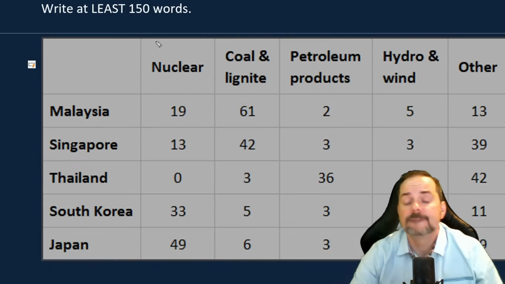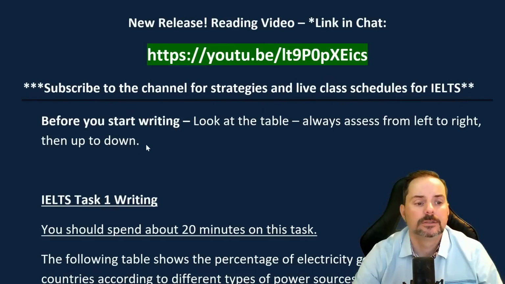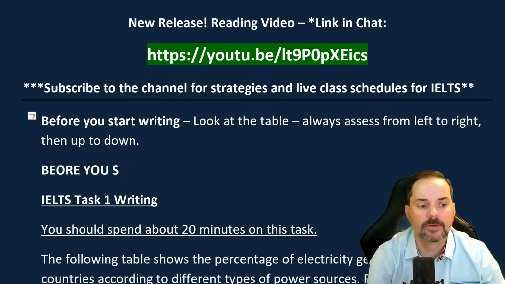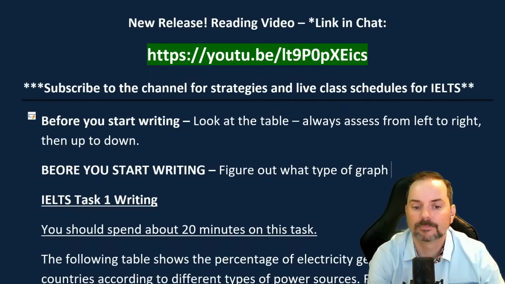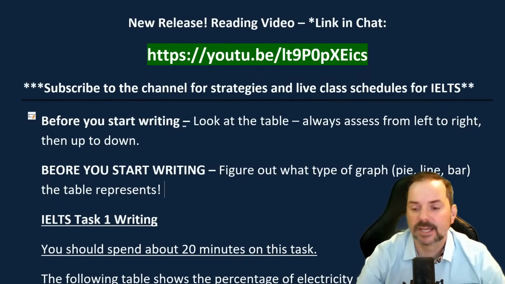So here's another very, very important tip so that you can write effectively. This is tip number 2. Before you start writing, figure out what type of graph the table represents. You must do this to have an effective essay.